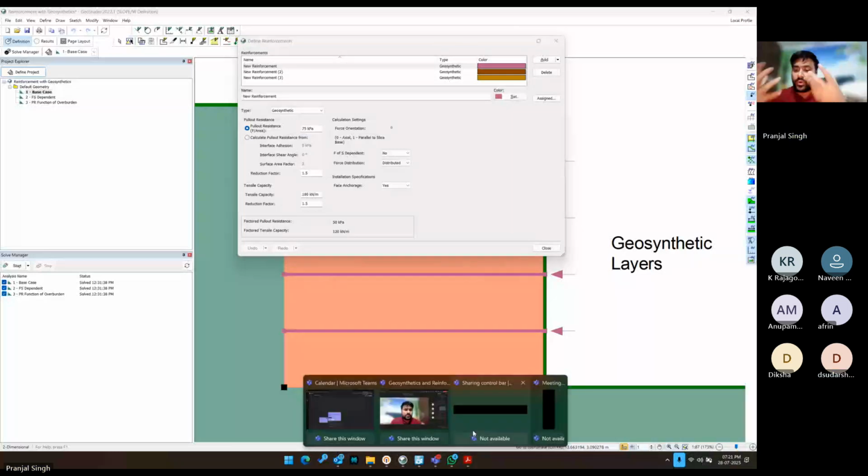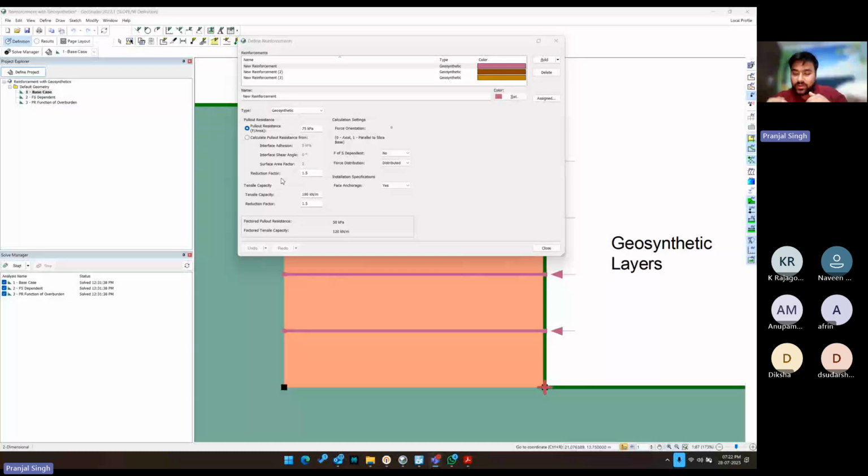That's why we have an option of pull-out resistance which depends on the normal load. It's based on the simple Mohr-Coulomb equation, c' plus sigma' tan delta'. We will discuss this in detail.